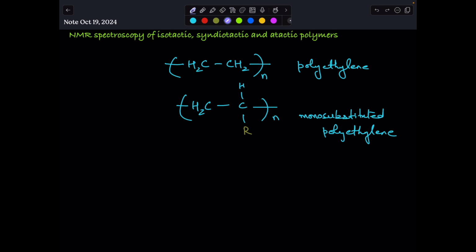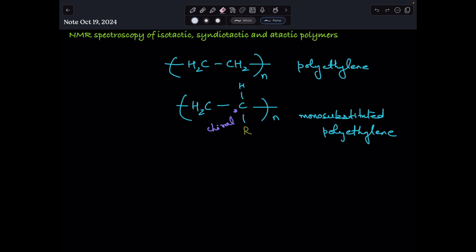This carbon is now a chirocarbon because it has 4 different substituents on it. It has an alkyl group, a hydrogen, and chains on either side.